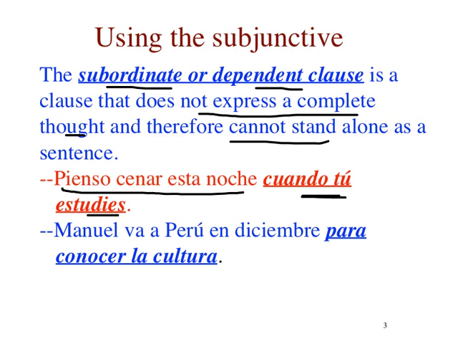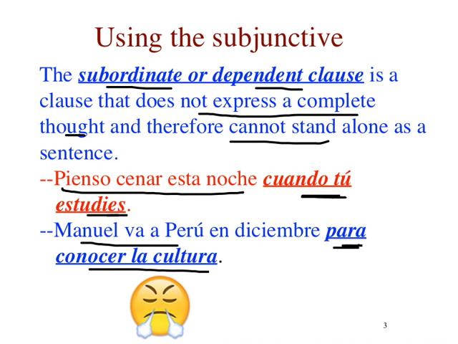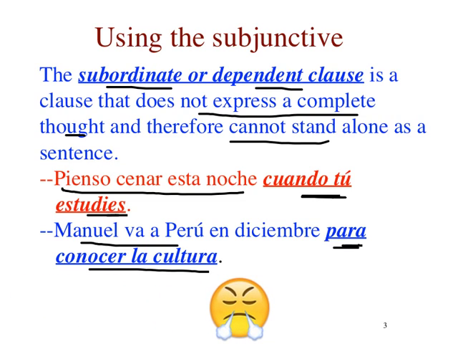Cuando tú estudies is not a complete thought. It cannot stand alone. Manuel va a Perú en diciembre para conocer la cultura. Para conocer la cultura cannot stand alone. This is our subordinate or dependent clause. Now don't get angry. It's going to be okay.